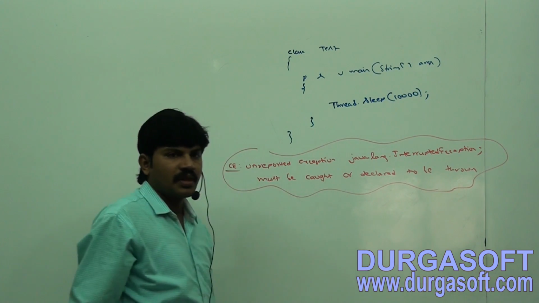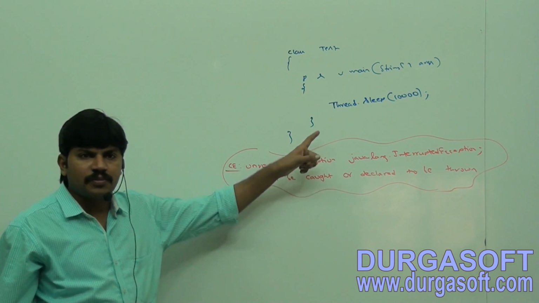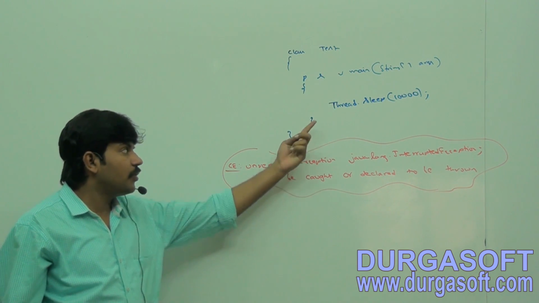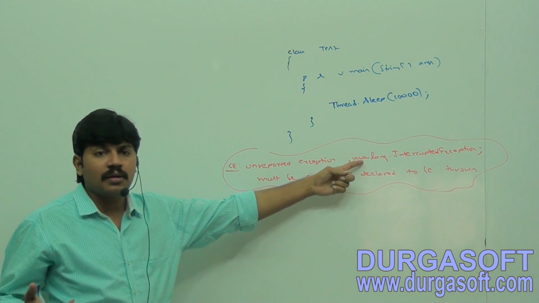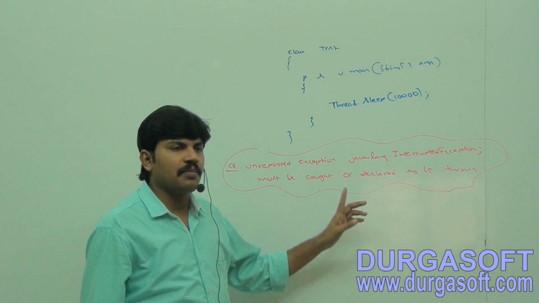Same problem. There may be a chance of InterruptedException. Must be caught or declared to be thrown means there may be a possibility, but you didn't report about this problem, so I can't compile.